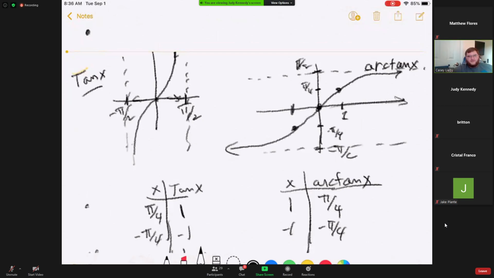I have one kind of related to this. How exactly would the arctan relate to cotangent functions? Well, okay, yeah.